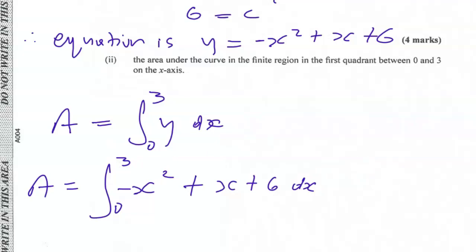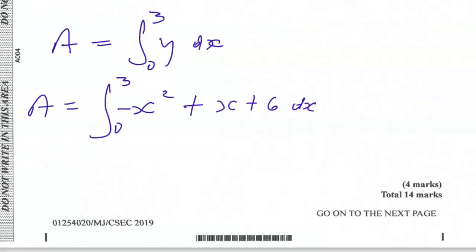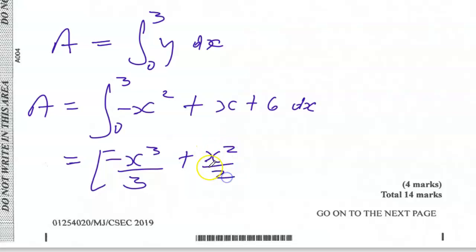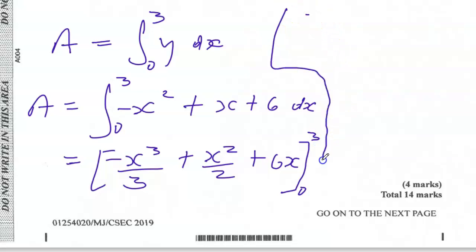So we integrate. We end up with minus x cubed over 3 plus x squared over 2 plus 6x for the limits 0 and 3. Let's continue the question over here. We form 2 brackets.